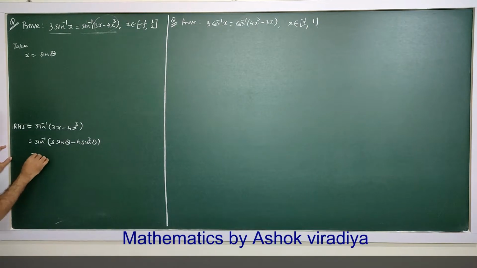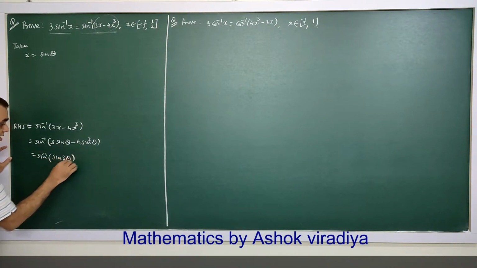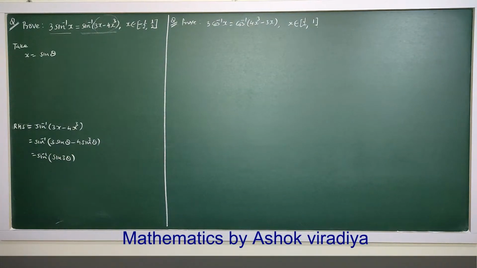So this becomes sine 3 theta. Now sine inverse of sine 3 theta equal to 3 theta is allowed if 3 theta belongs to the domain of sine.